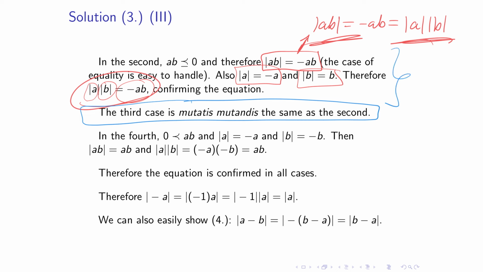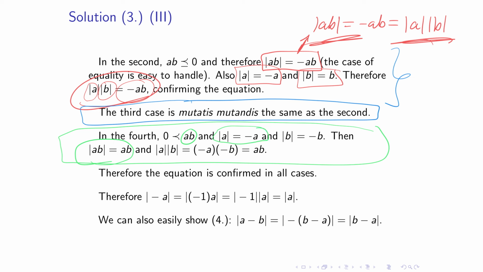The only thing left to show is the fourth case, where both of them are strictly negative. Then their product is strictly positive, and in that case, we know that absolute AB is just equal to AB.